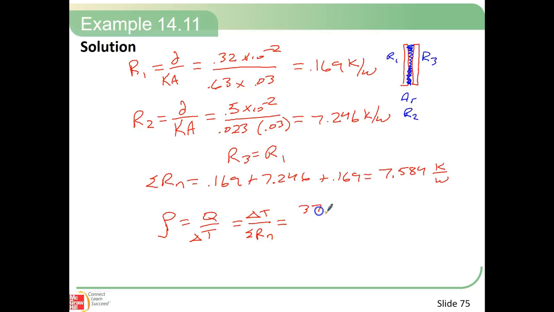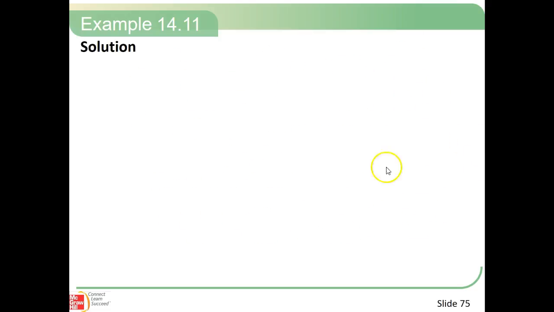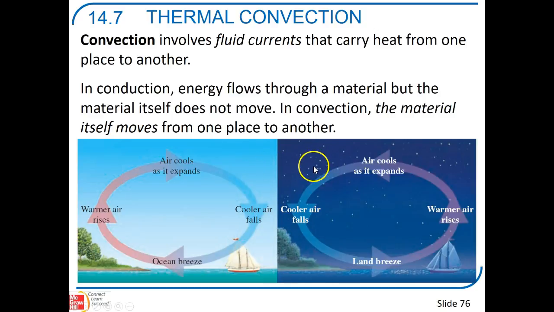And that's equal to 37 K, that's my change in temperature, over my new R value, which is 7.584 K per W. And that's only equal to 4.9 watts. So huge savings in energy when you have a double pane glass that has that air gap in between the two. Next section is about convection.